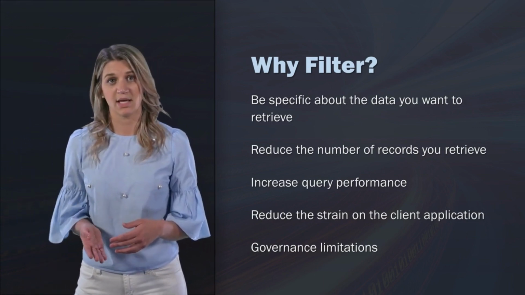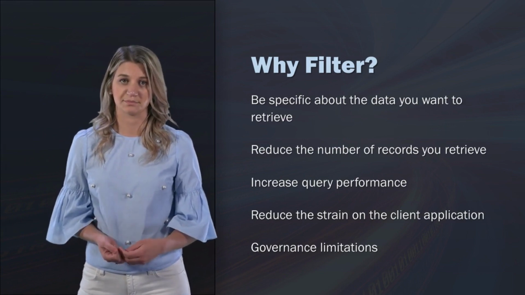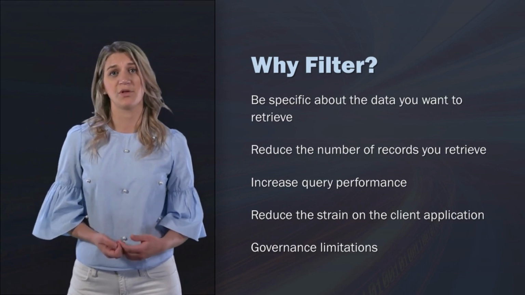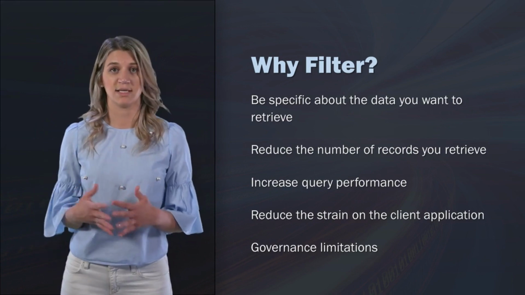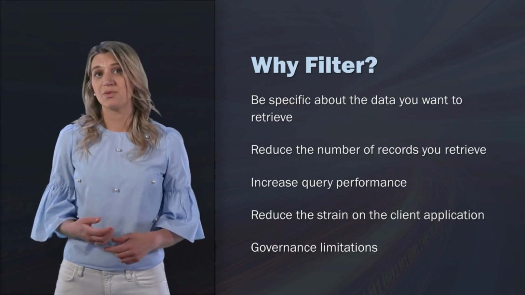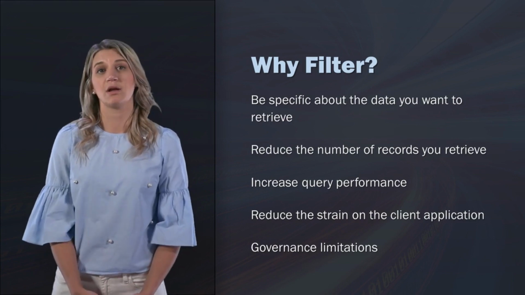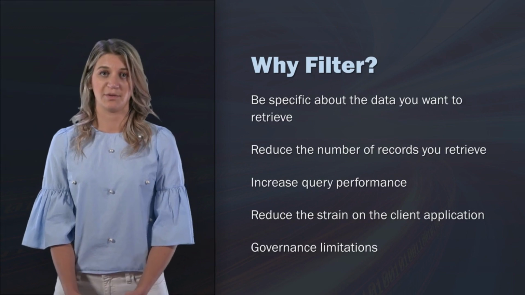Subsequently, that reduces how much data we're pulling in from the system. Reducing the amount of data you're analyzing will of course speed up the query performance, which in turn will speed up our overall processing. It also helps when we add the filtering at the database level, because this reduces the strain on the client side of the application, which will also allow it to run better.